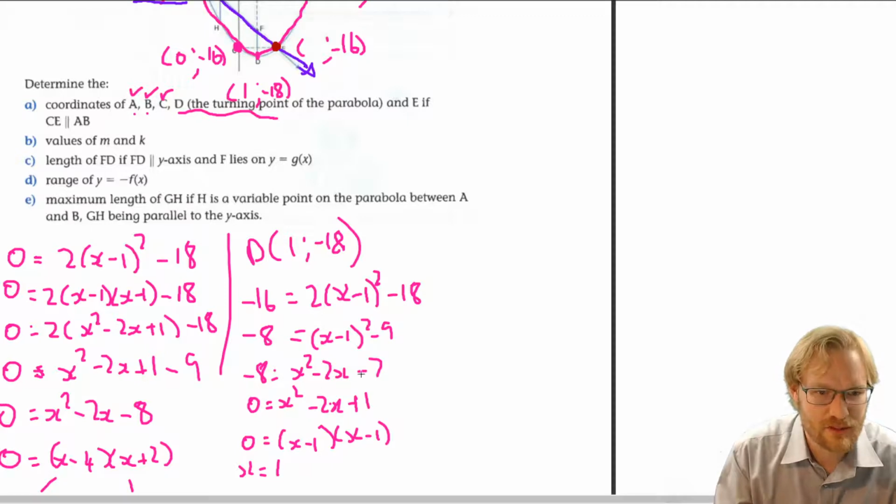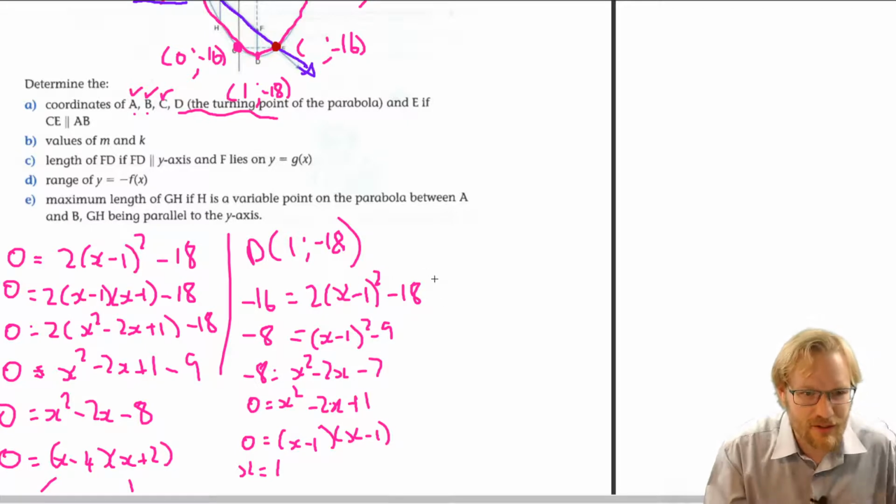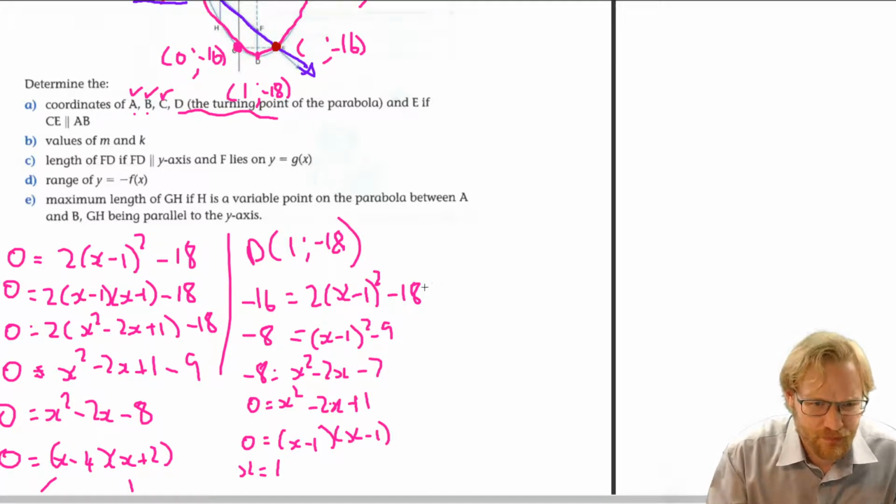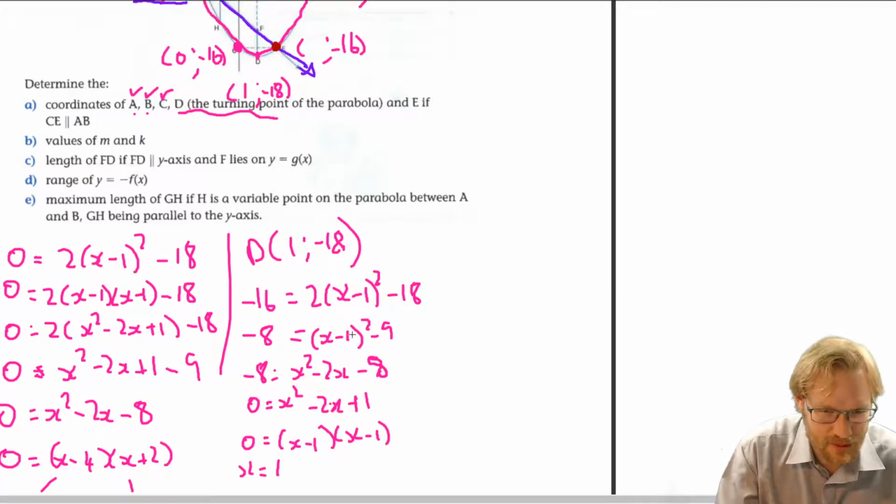Did I substitute in −18? It's like I substituted in the turning point. Okay, let's spot my error. −16 equals 2(x − 1)² − 18. Divide everything by 2. Can you spot it? −2x + 1. Here we go. −8. See, I tried to skip a step and that's where it got me. (−1)² is plus 1.